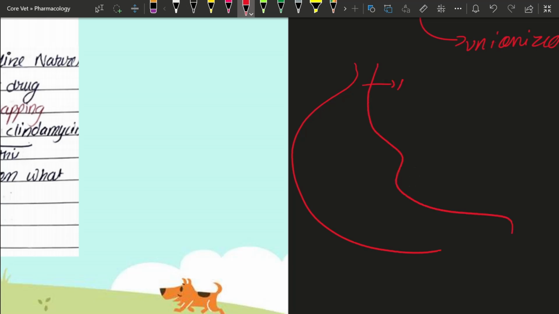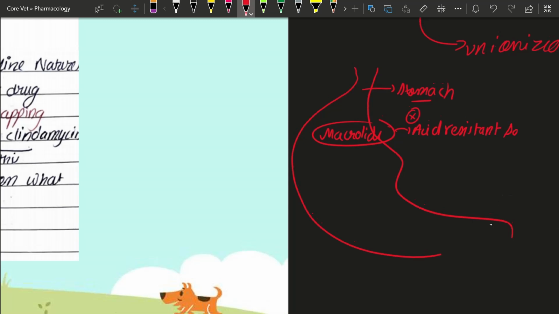If the macrolide is there which is not coated by acid resistant salts, this particular macrolide is going to ionize, whether positive or negative. That's not the concern currently, but it is going to ionize.